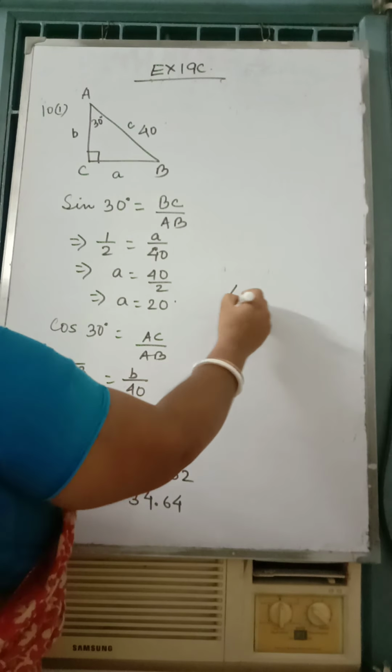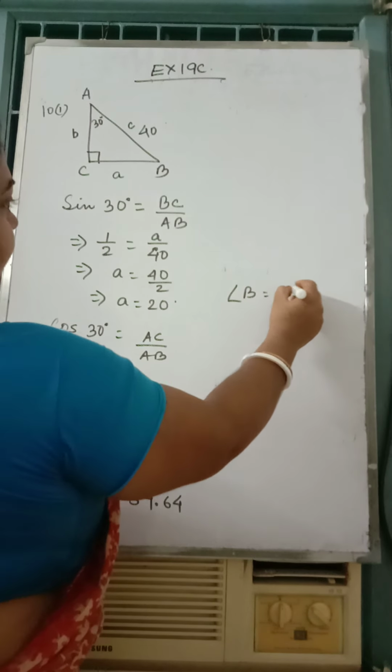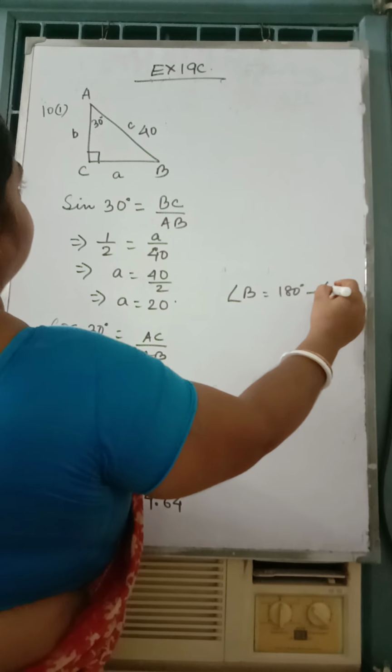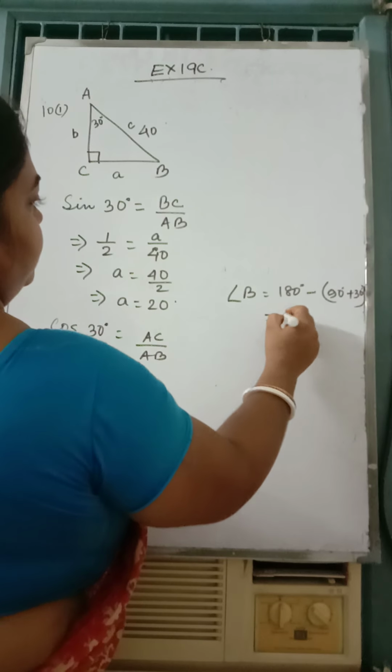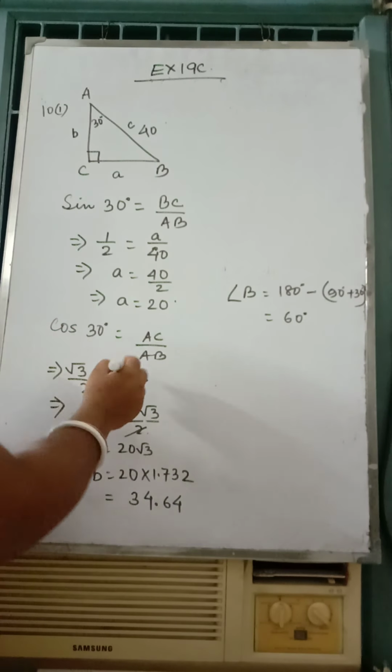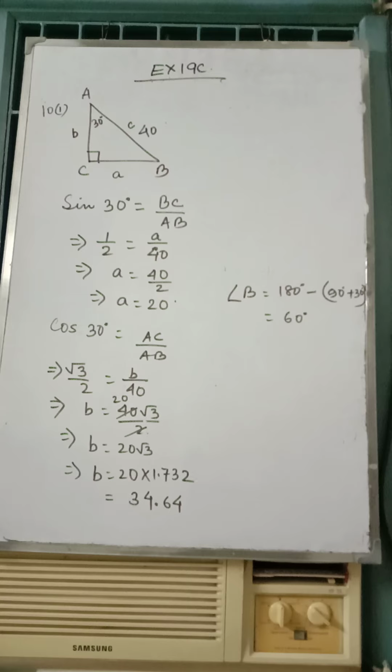Now angle B is equal to 180 degree minus (90 degree plus 30 degree), so 60 degree. We got all the sides, that is a and b, and we got the angle which was left. It was question number 10.